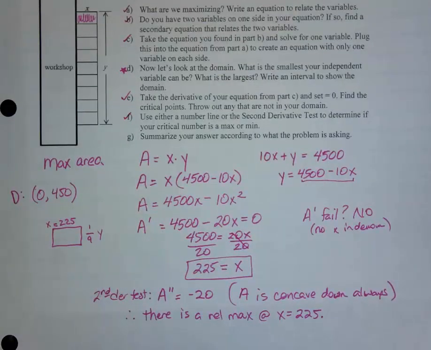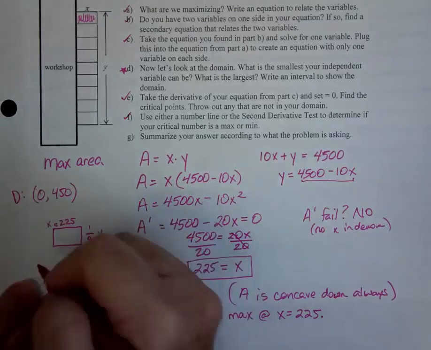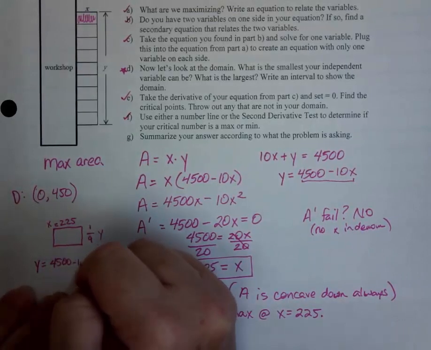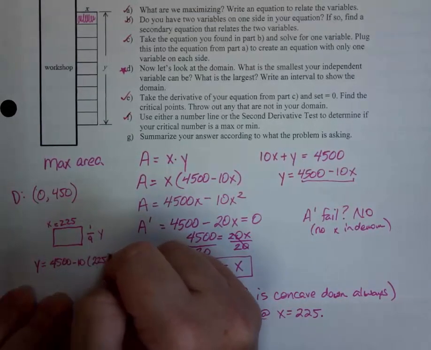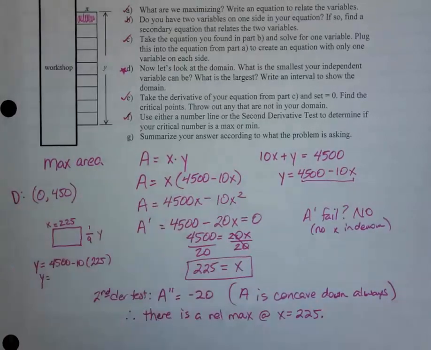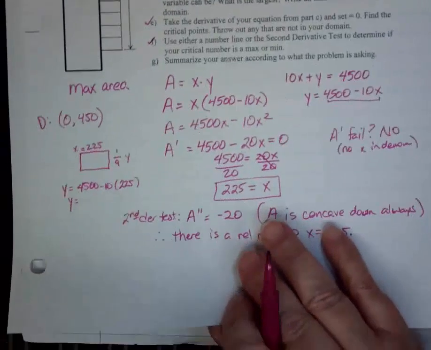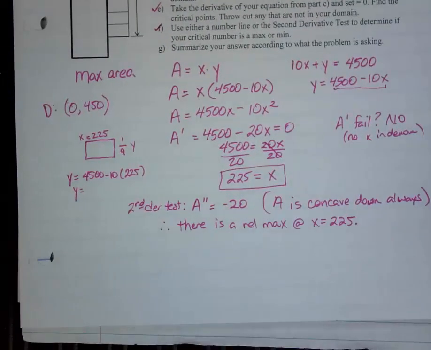Right there. In the y equals 4,500 minus 10x. So y equals 4,500 minus 10 times 225. So y equals, somebody with a calculator? 2,250. That's 2250.